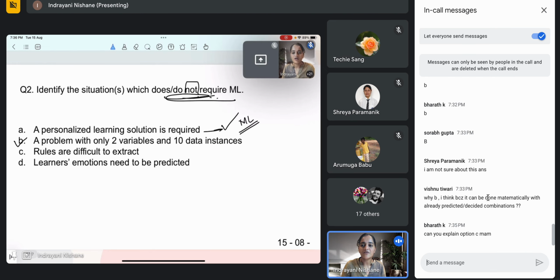So option C, rules which are difficult to extract. Let us consider the example of option D. We have to predict learners' emotions based on their facial expressions. There are different contextual rules involved in predicting somebody's emotions based on their facial expressions, right?